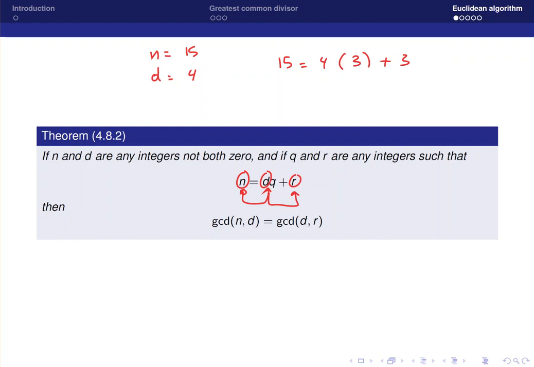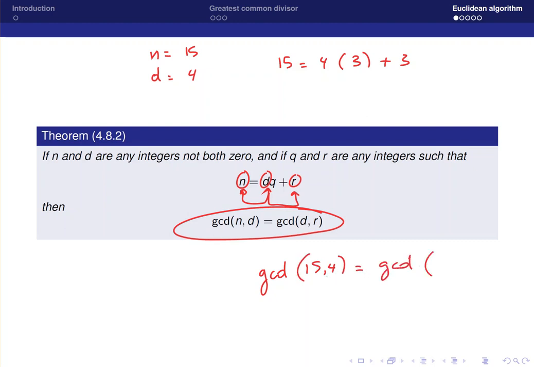Now, according to this statement, the GCD of the original numbers 15 and 4 is the same as the GCD of 4, which is a divisor, d, and the remainder. And in this case, the remainder is going to be 3.